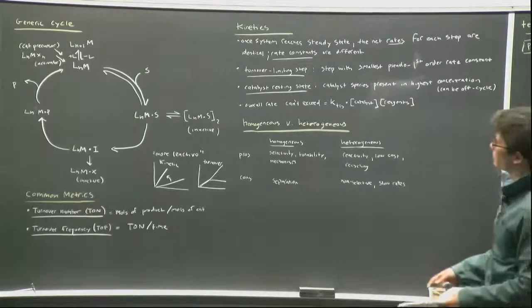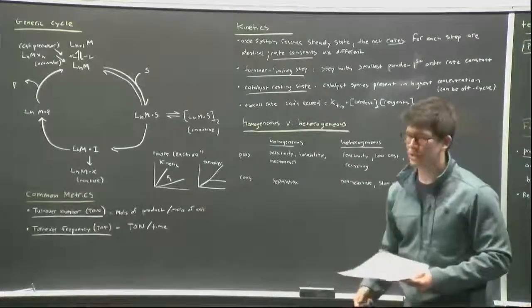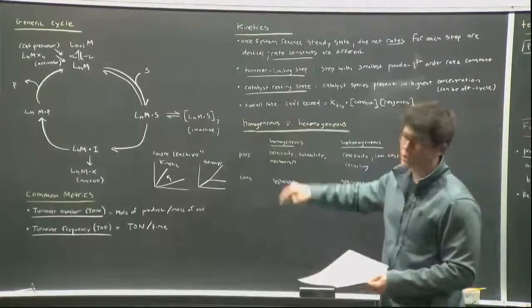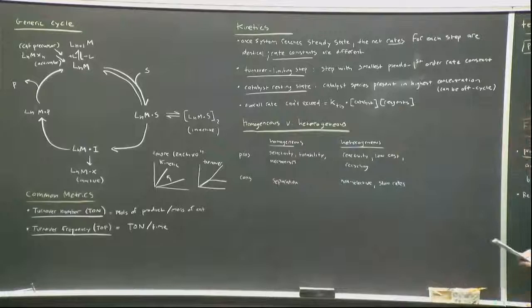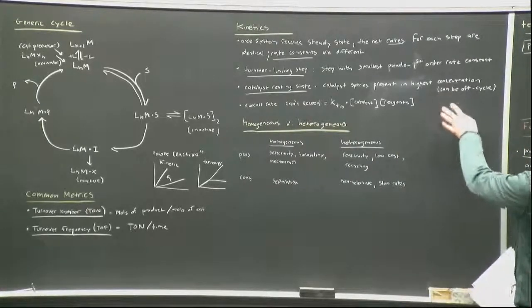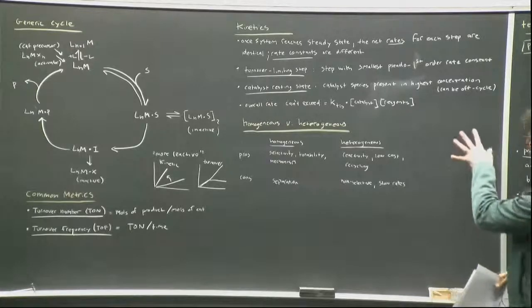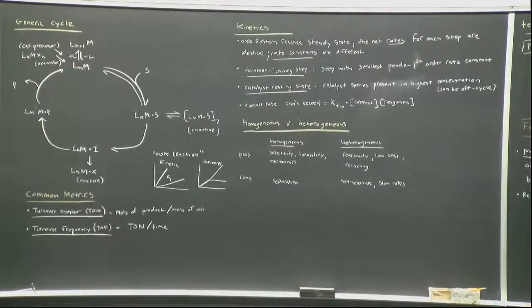So I think that often in the literature you'll see people say this is the slow step, this is the rate determining step, and they're using that interchangeably to mean the same thing as the turnover limiting step. But in the textbook that we're using for the class, this is the preferred nomenclature. And I think in terms of being clear in one's thinking, it's a little bit easier, more precise, to think in these terms.